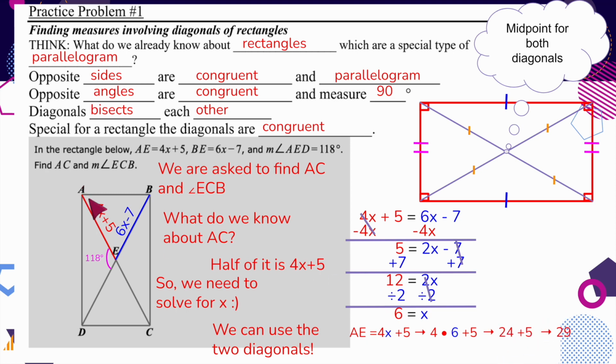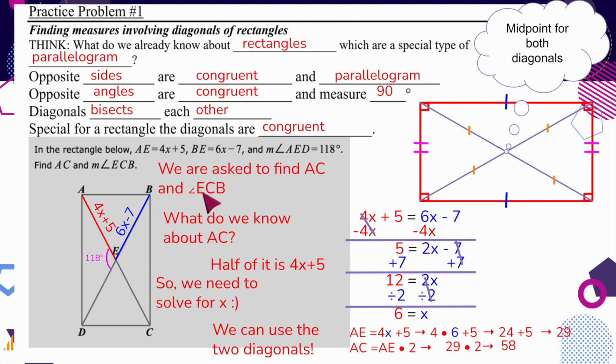So now AE is 29. Remember, that's half of AC, just the top half. I want the whole thing, so I want 29 and 29. AE times 2 is 29 times 2, so that's 58. So now we found AC.